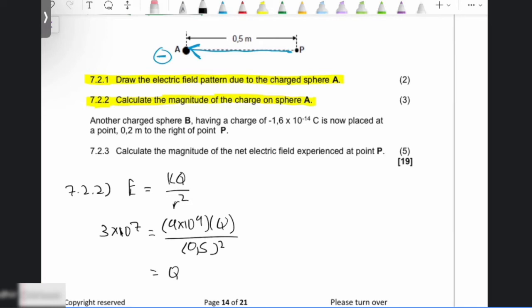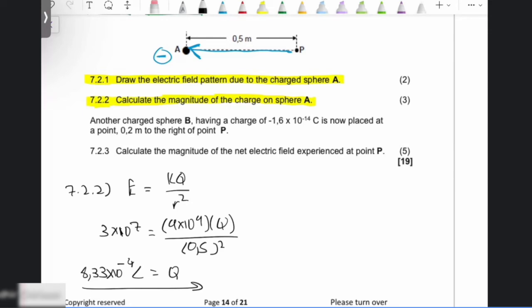Okay, and here we're getting this as 8.33 times 10 to the minus 4 coulombs. Just make sure I've got the right thing.